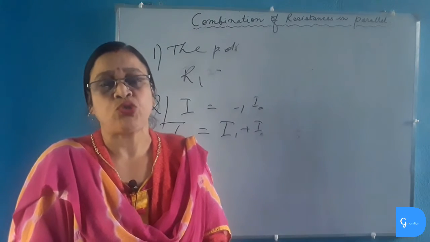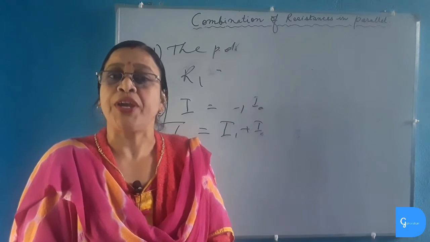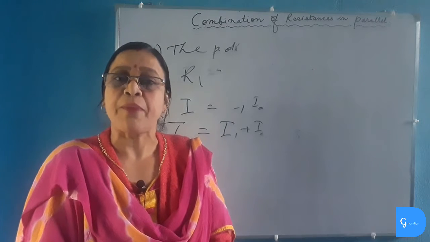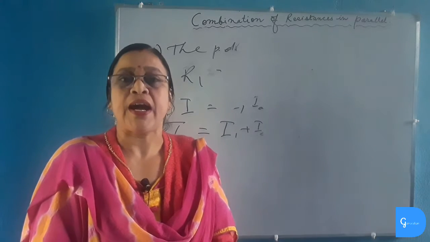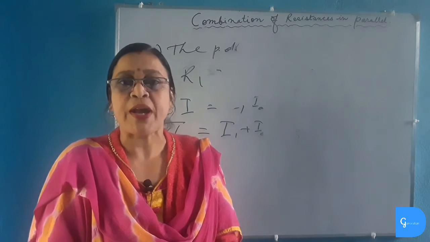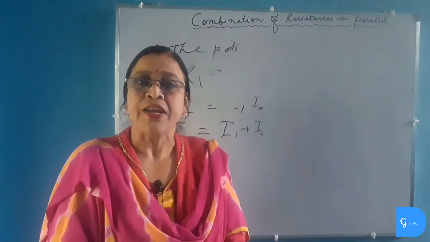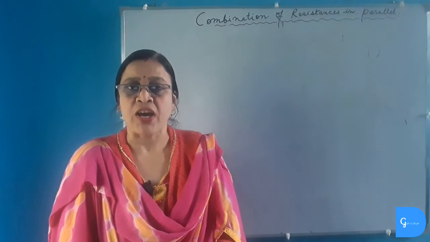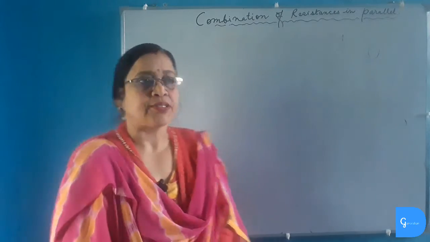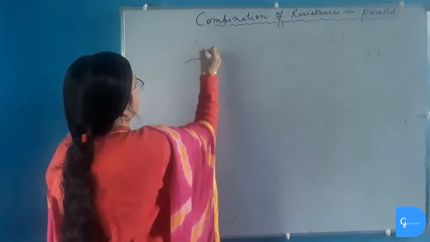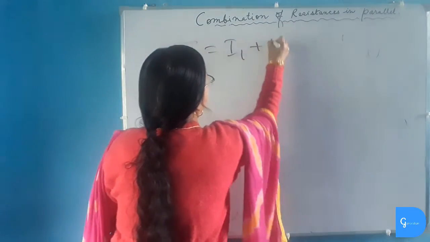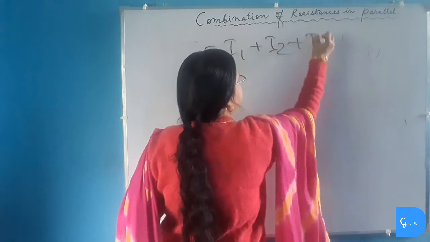So it is clear to us that the current flowing through each individual resistance in parallel combination of resistance is different, and the current flowing through each resistance will depend on the value of the resistances connected in parallel. Now we will derive the formula for parallel combination of resistance. We have studied that I is equal to I1 plus I2 plus I3.